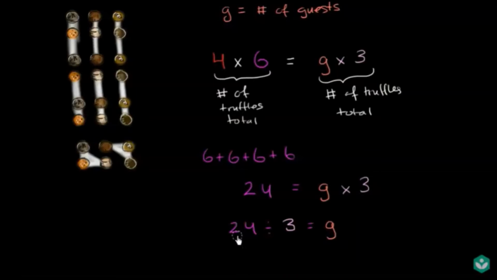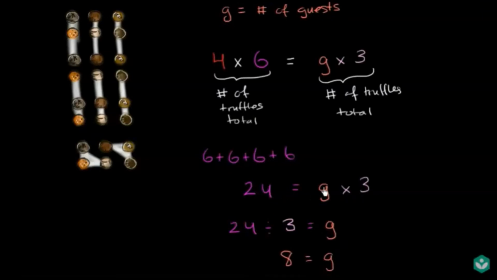So if I were to take 24 things and divide it into groups of 3, I get 8 groups. So we see that 24 divided by 3 is 8, which must be equal to the number of guests at the party.